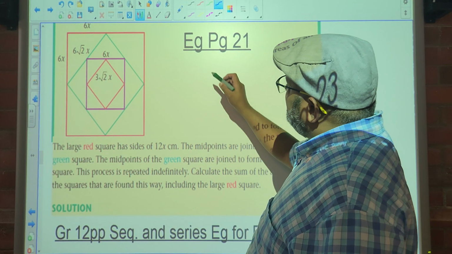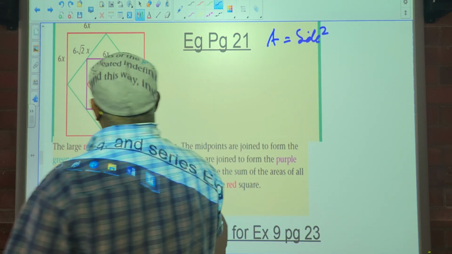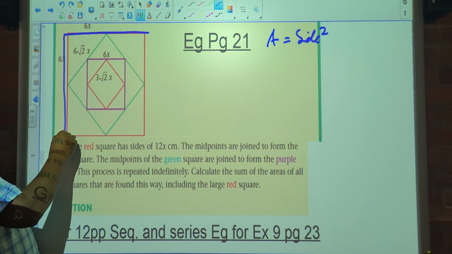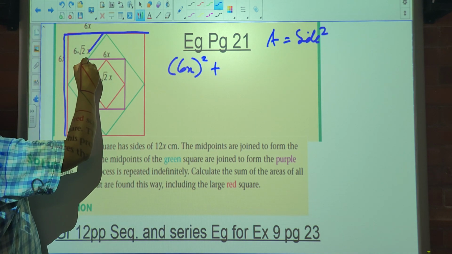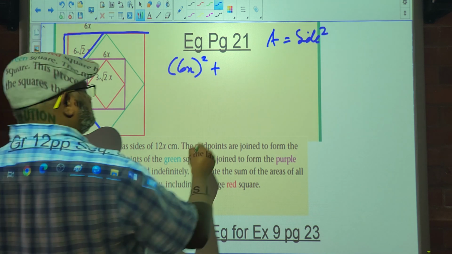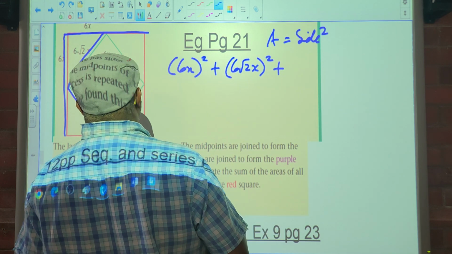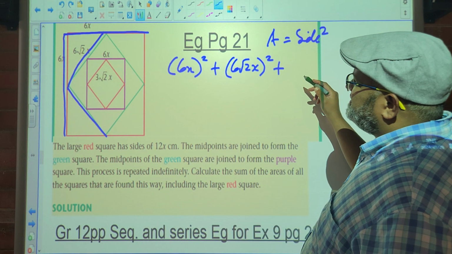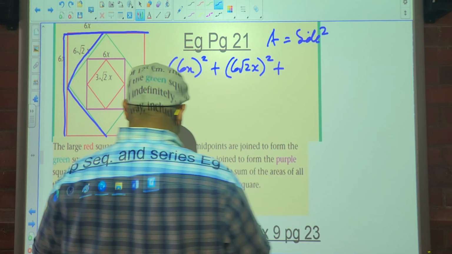Okay, so if we're looking at the area of a square, the area is equal to side times side. So the first square is going to be 6x times 6x, not so? So it's going to be 6x squared plus, the second one, the length of those sides is going to be 6 root 2x, it must be squared, plus the next one is going to be 6x. With the big one, 12x.